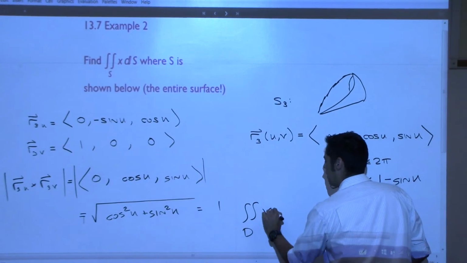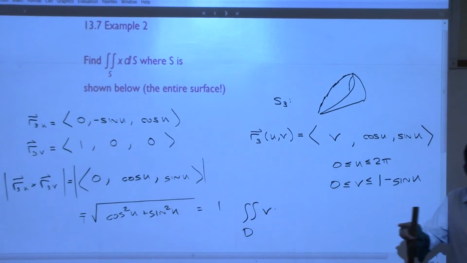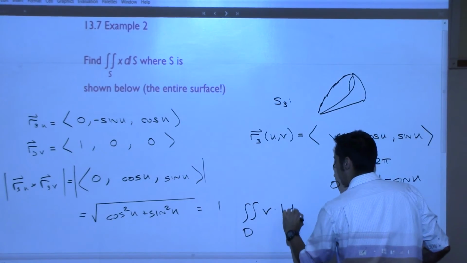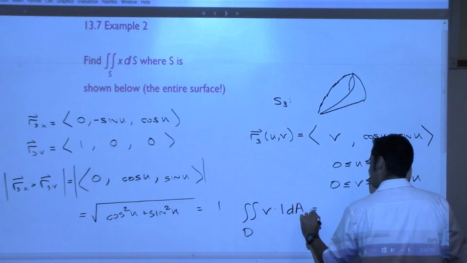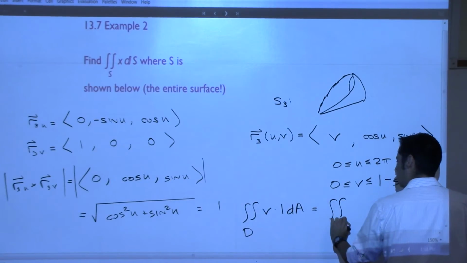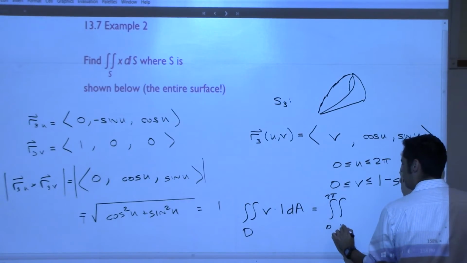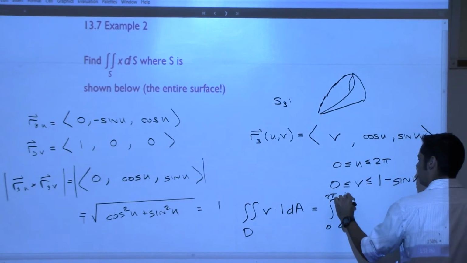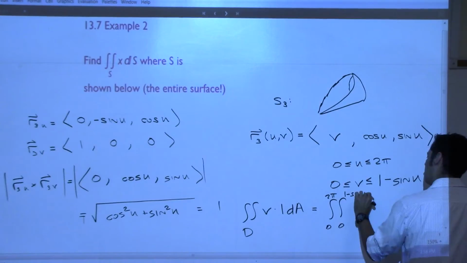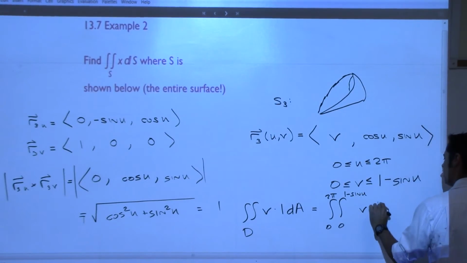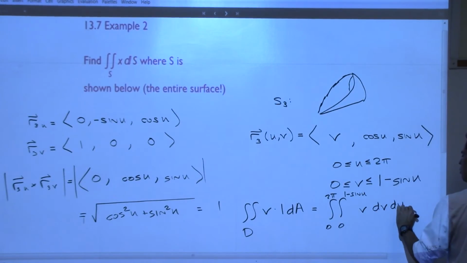Then I need the magnitude of the cross product, which we know is a 1. Then dA, which is the integral from 0 to 2 pi. I don't have a choice with the order here, right? 0 to 1 minus sine u of v dv du. Right?